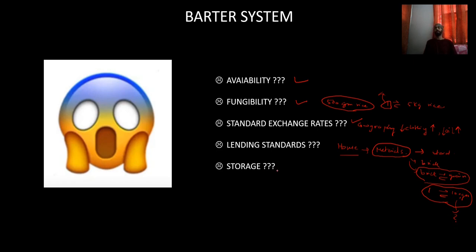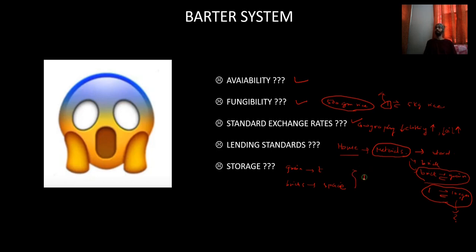Then there comes the question of storage. If you're storing, let's say, grains, you have to keep them fresh. You can only keep them for a certain amount of time. Then let's say if you're storing some materials, bricks, that also requires some space. Maybe bricks do not rot off, but space is required, right? Maybe you have shortage of space availability. And then there is the problem of theft.